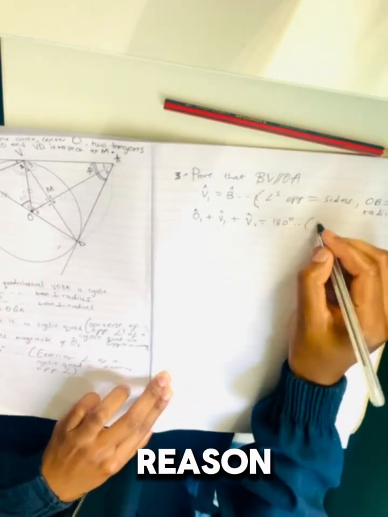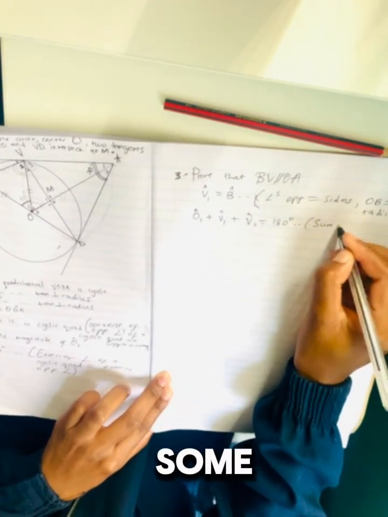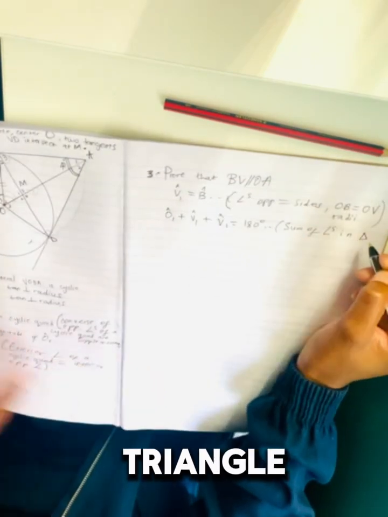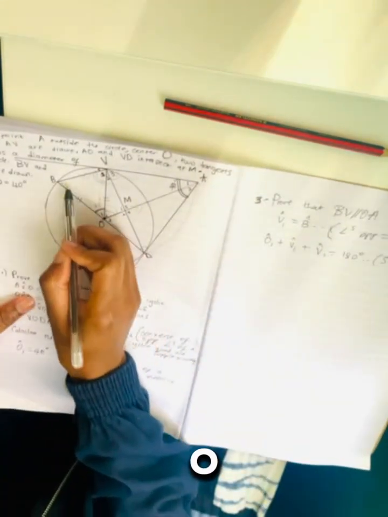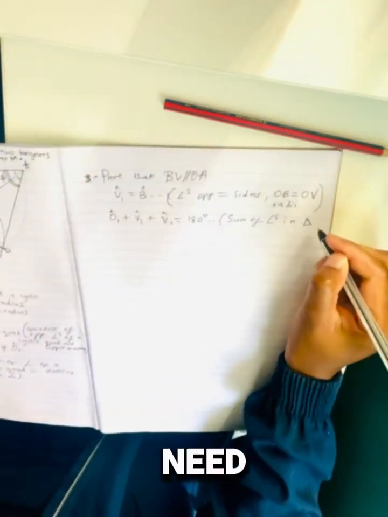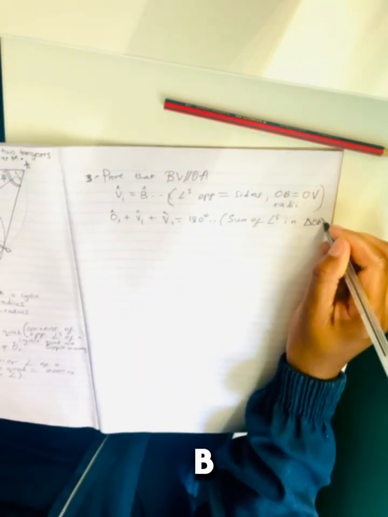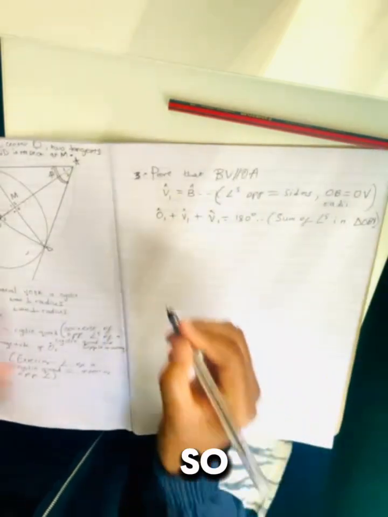What is our reason? Sum of angles in triangle OBV. So you need to mention the triangle that you're working on, it's OBV.